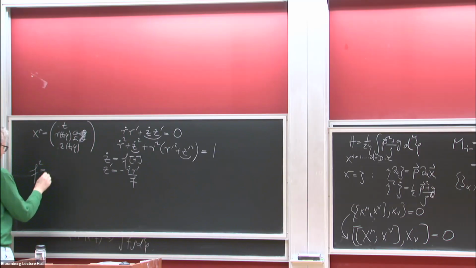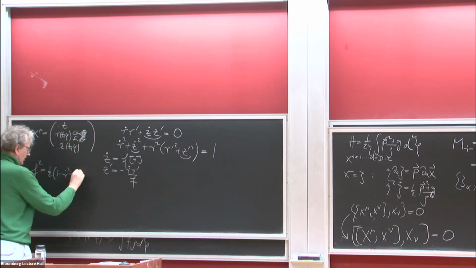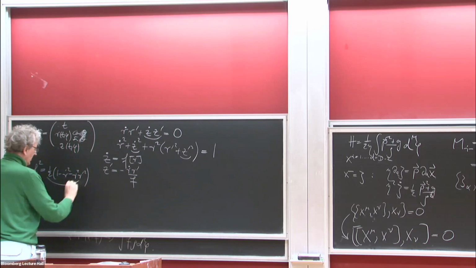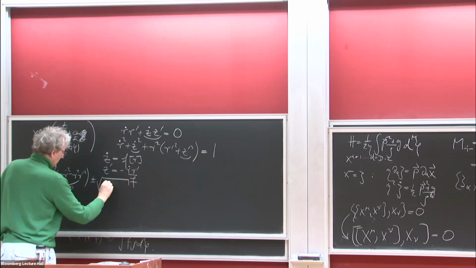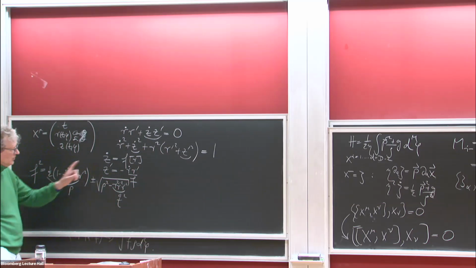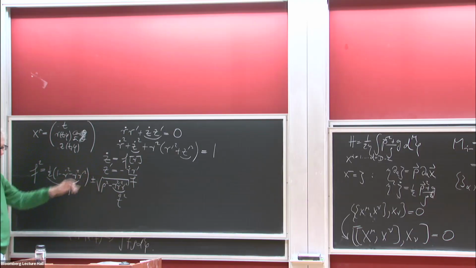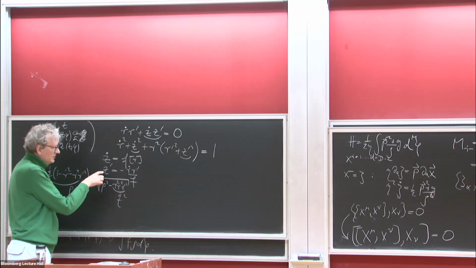F squared is half of P plus or minus the square root of P squared minus R squared R dot squared R prime squared, which I call Q squared, where P is 1 minus R dot squared minus R squared R prime squared. So the expression for this F is pretty complicated. Square roots, very nonlinear. Now I say the dash of this has to be the dot of that.